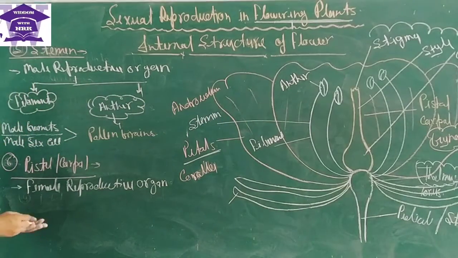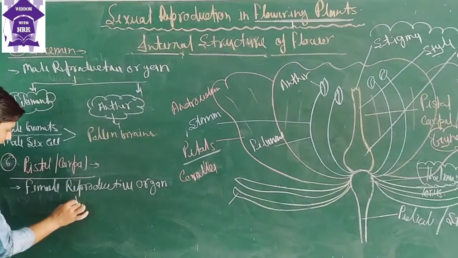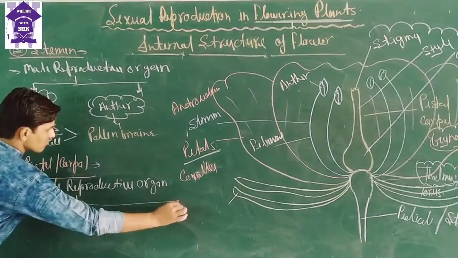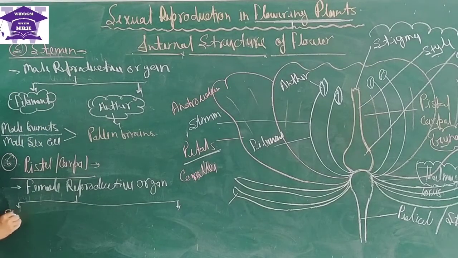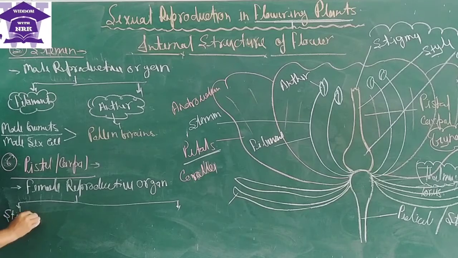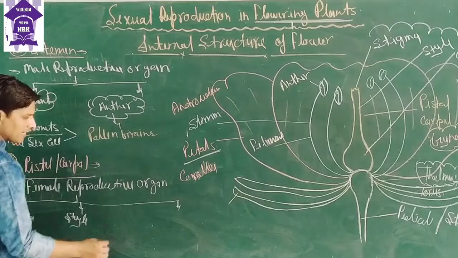Generally this female reproductive organ is divided into three main parts. First is stigma, next is style, and next is ovary.